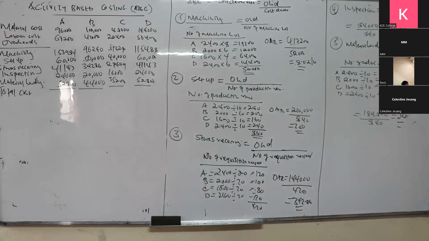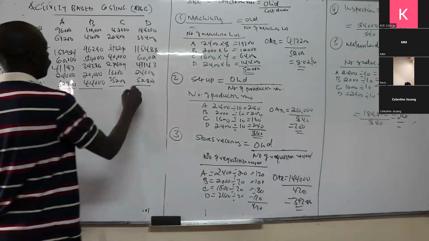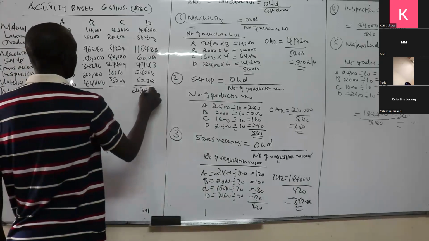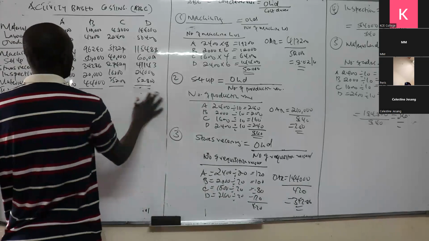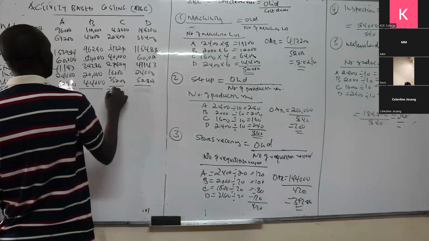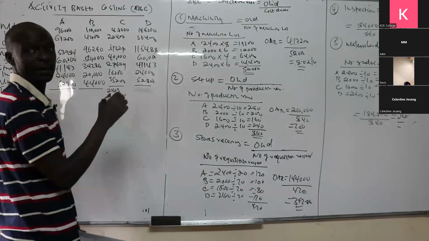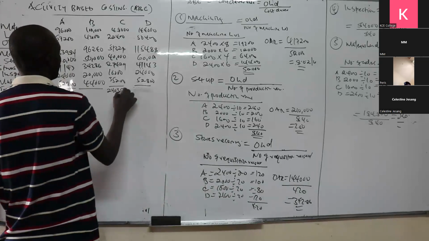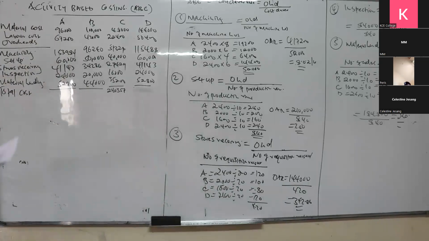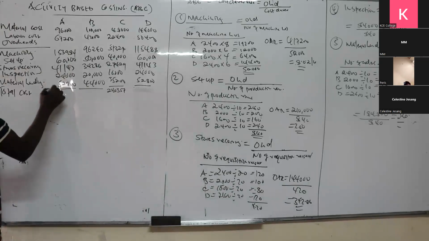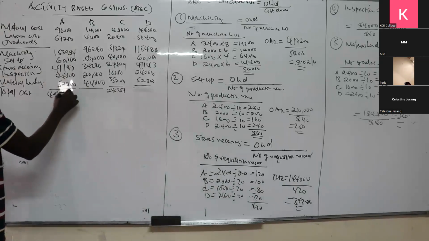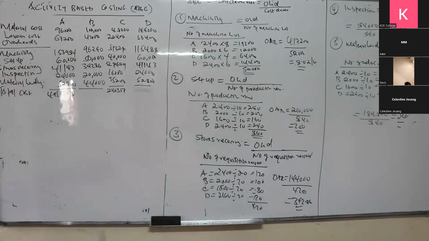C, 243. C, 240,357. Like that. A, 495. Another one.